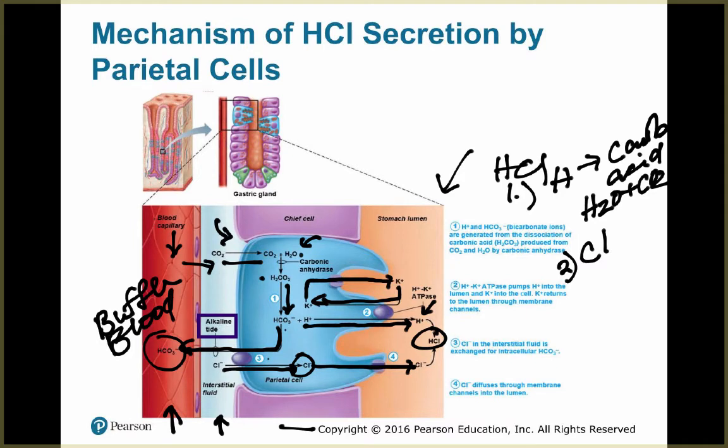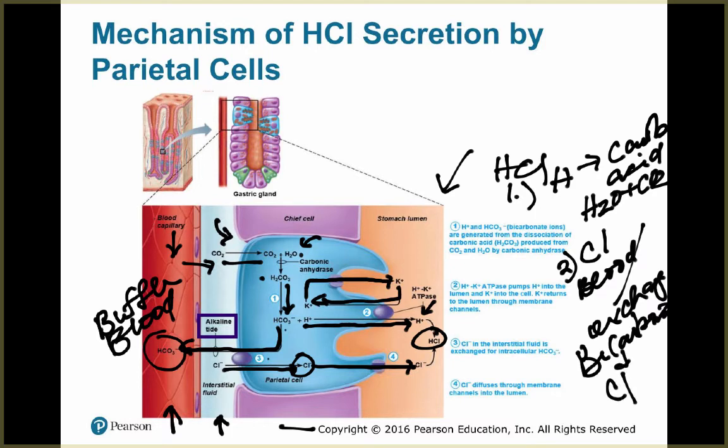And the Cl is coming from the blood and the interstitial fluid, and it's an exchange between the bicarbonate and the Cl, right? So that's how it's working. And that little cell is doing all that work just to get hydrochloric acid.